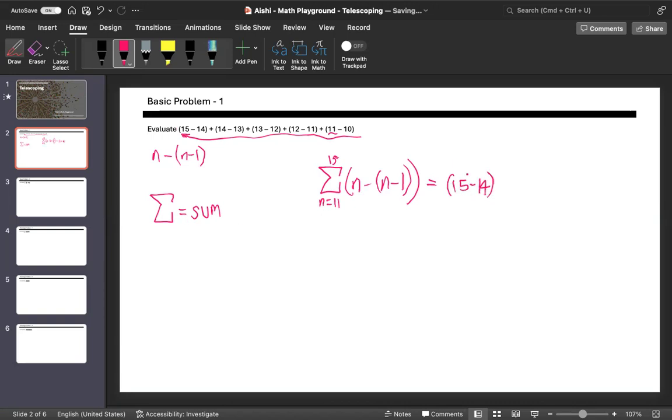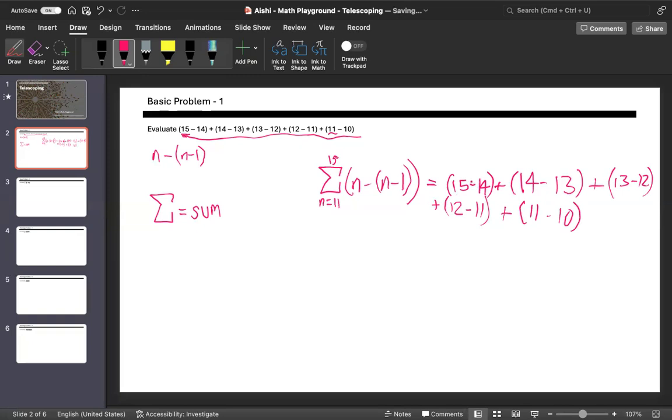Remember, sigma is equal to sum, so we have to add. So it's 14 minus 13 plus 13 minus 12 plus 12 minus 11 plus last one, 11 minus 10.